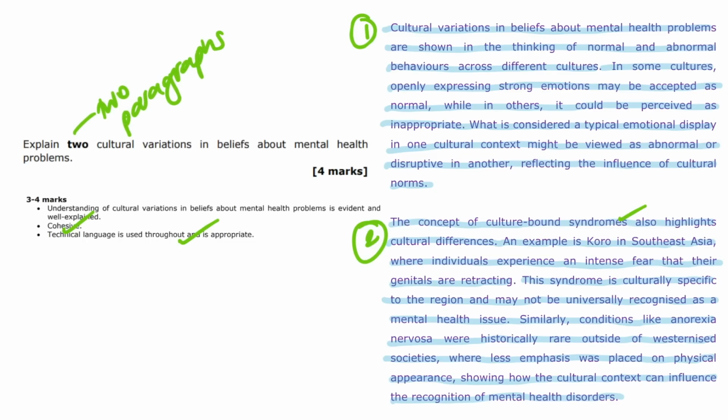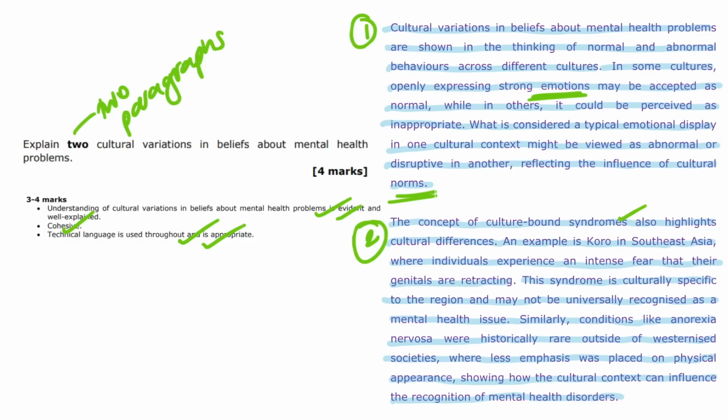The response firstly effectively explains how cultural norms shape the perception of normal and abnormal behaviours, and it emphasises the influence of cultural context on mental health beliefs. It goes on to use the example of expressing emotion, and this example adds the required depth and detail needed to reach the top mark band.